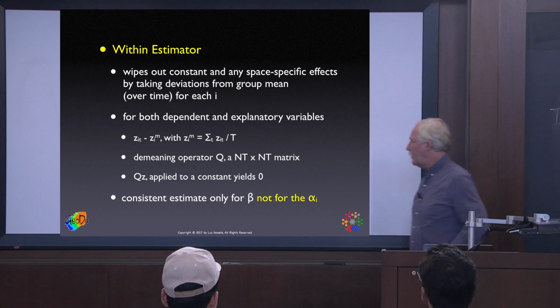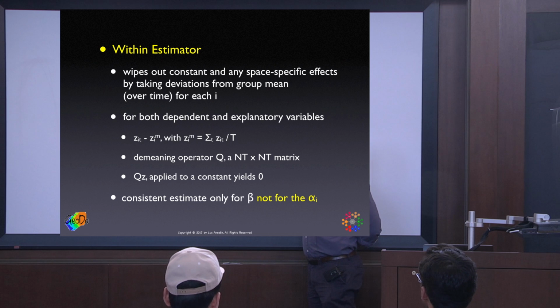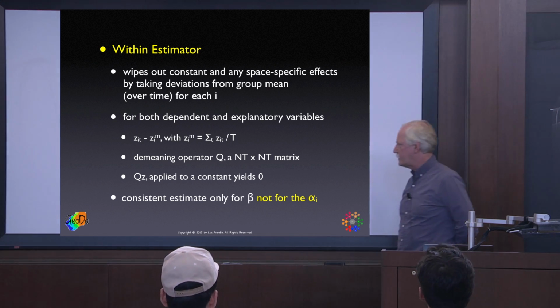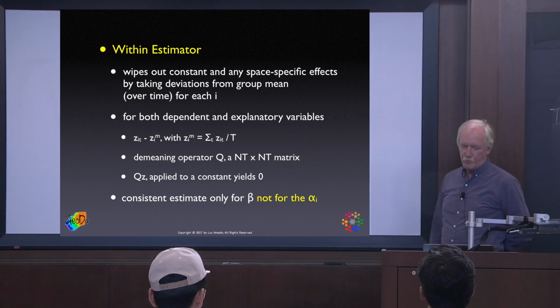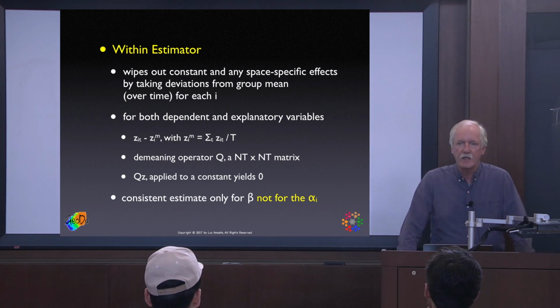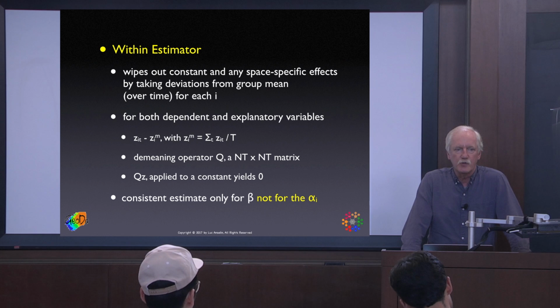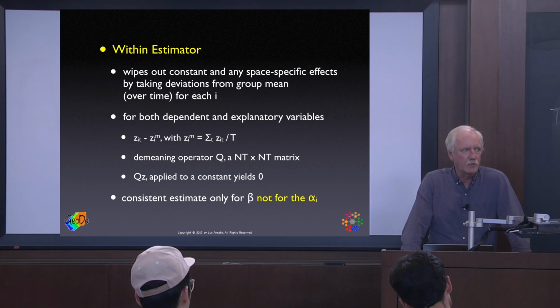So typically, the demeaning operator in the panel data literature is expressed as a matrix Q, which is an NT by NT matrix, a big one. And whenever I say that, you should think, how does this scale to large data?